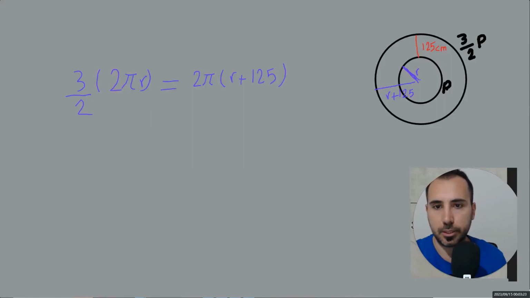So let's go and cancel. This 2 pi cancels with this 2 pi. So the left side will be 3 over 2 r is equal to r plus 125.